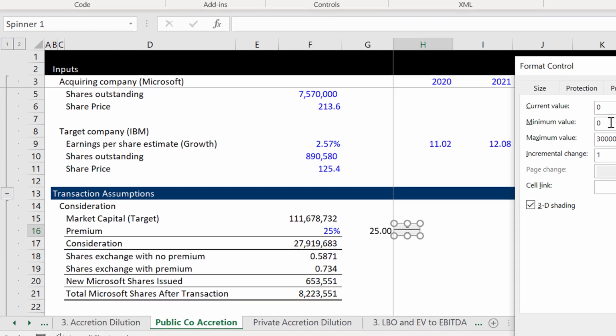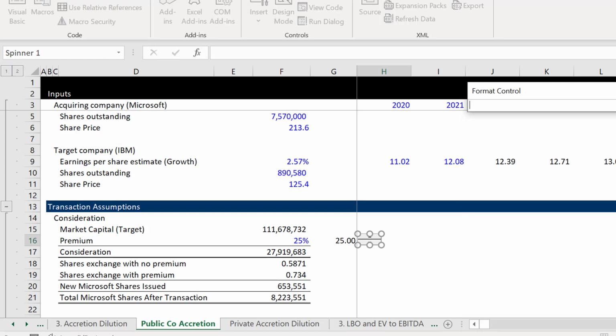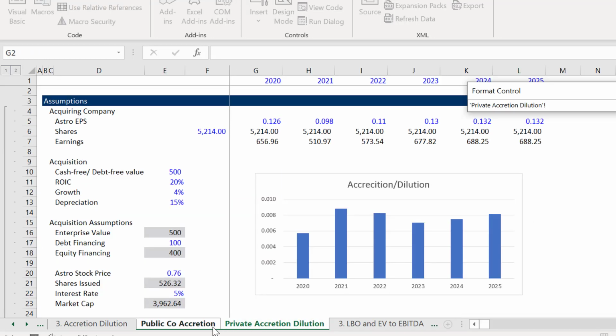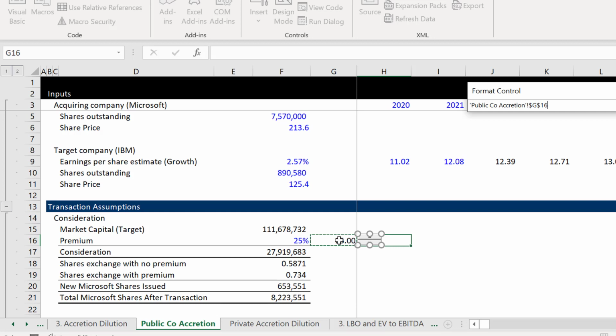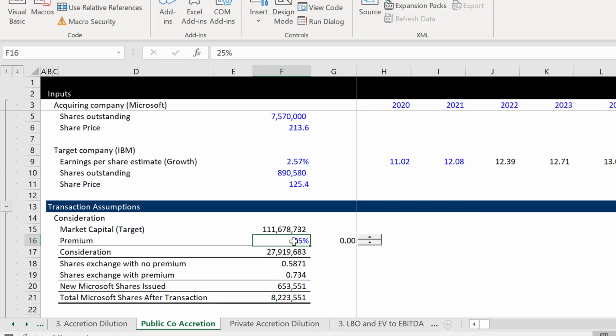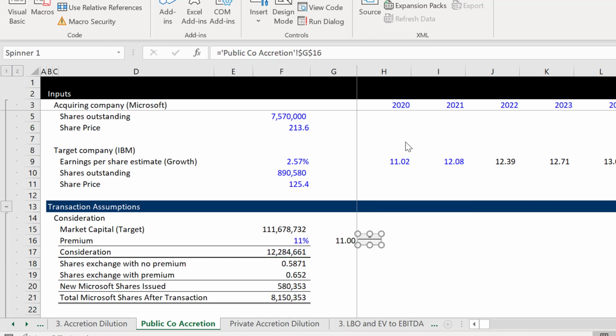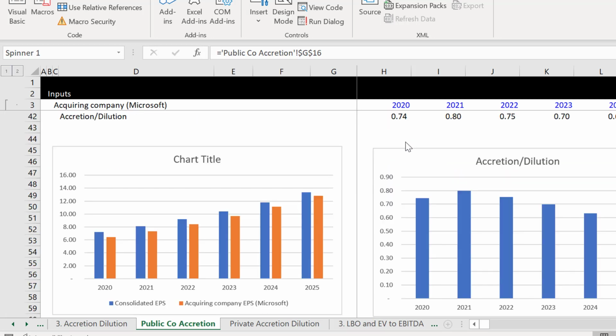Let's put a minimum value of 0 and a maximum value of 50%. I should have turned the video off for this probably. We'll just put some different accretion and dilutions in here, and what we can see is just how much accretion and dilution we have up here.